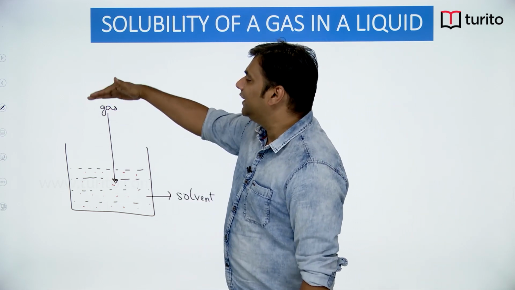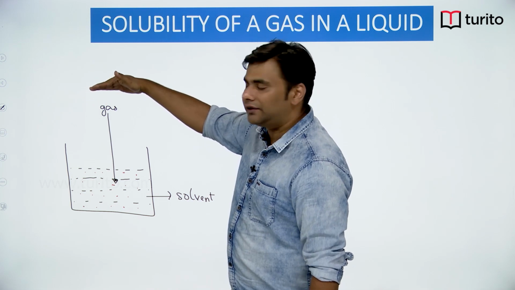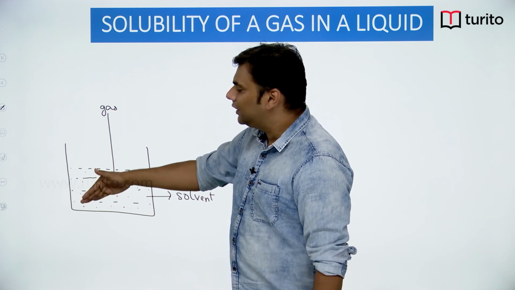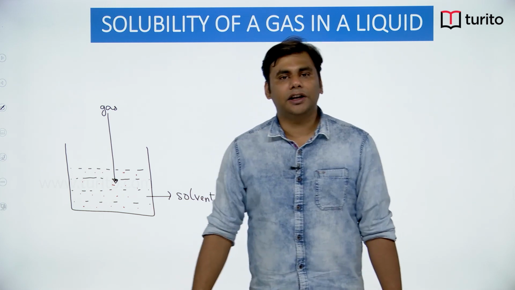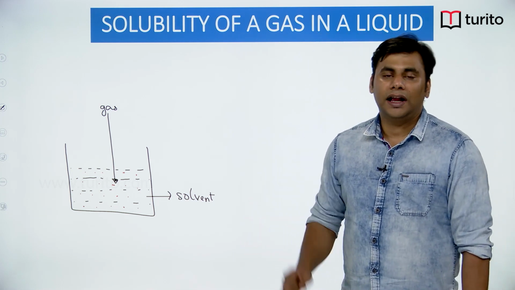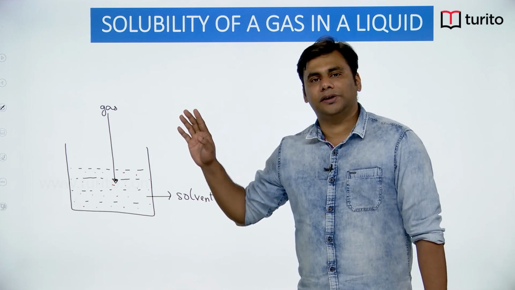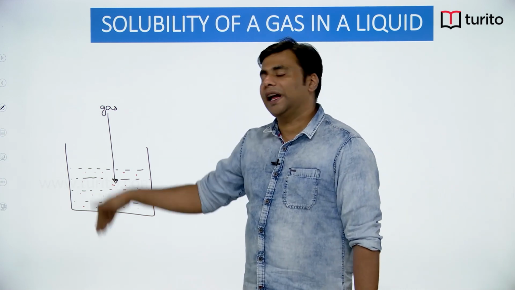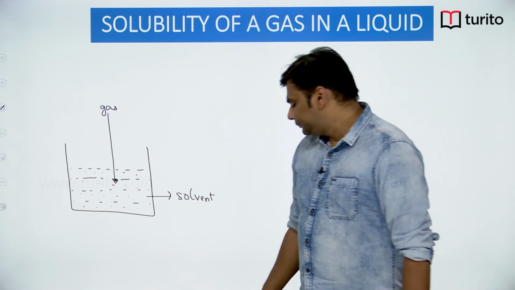If I keep on increasing the pressure on the gas, the gas can easily go and sit inside the liquid solvent. So I will say that at higher pressure, the gases will be more soluble in the solvent as compared to that at the lower pressure. So if you increase the pressure, the gas can easily dissolve in the solvent. Hope this is clear to you.